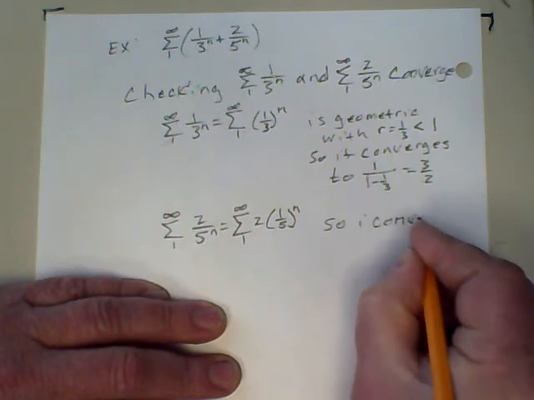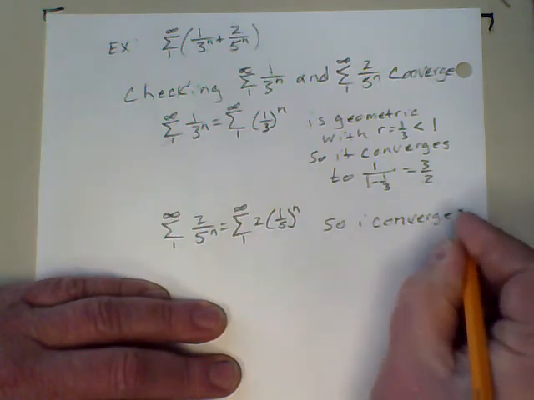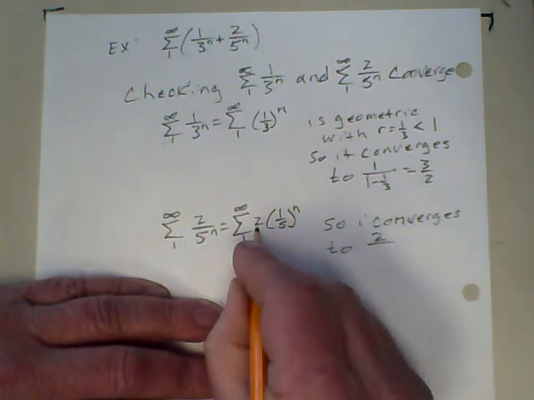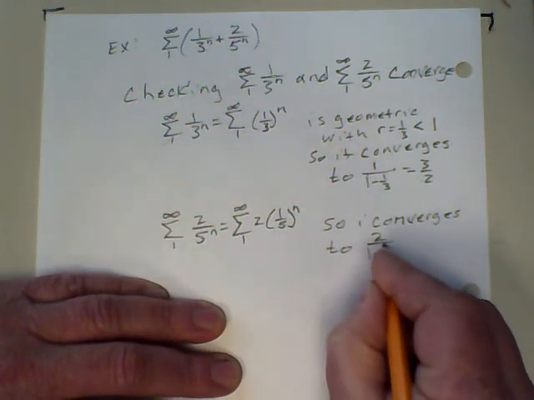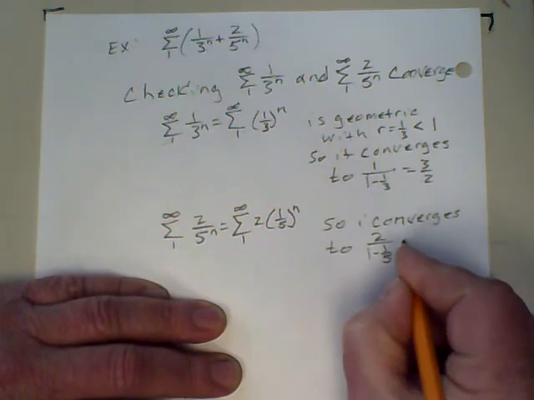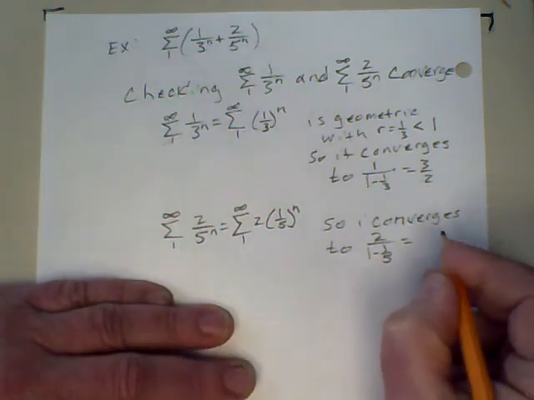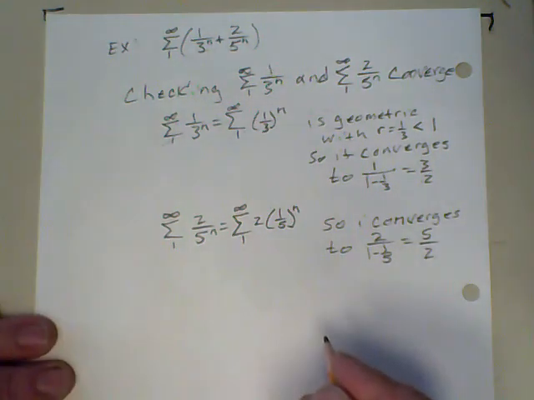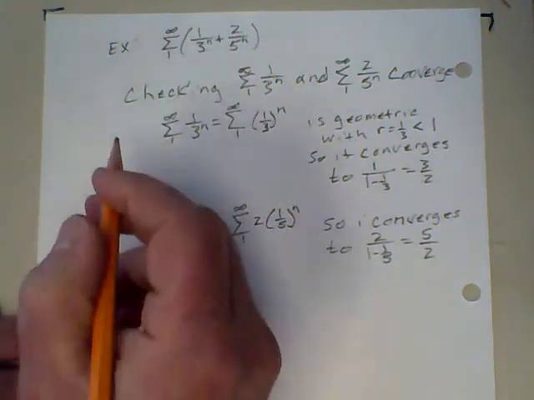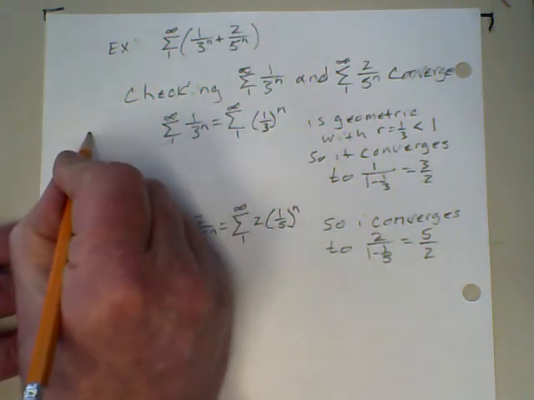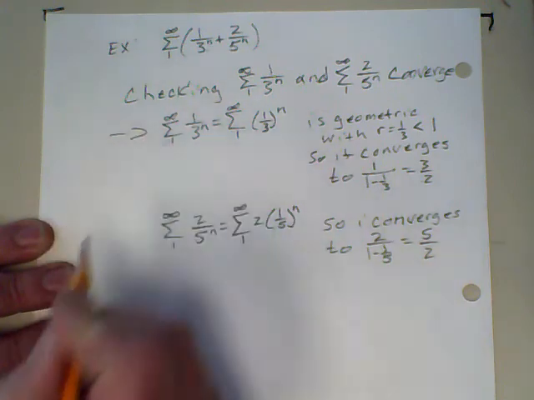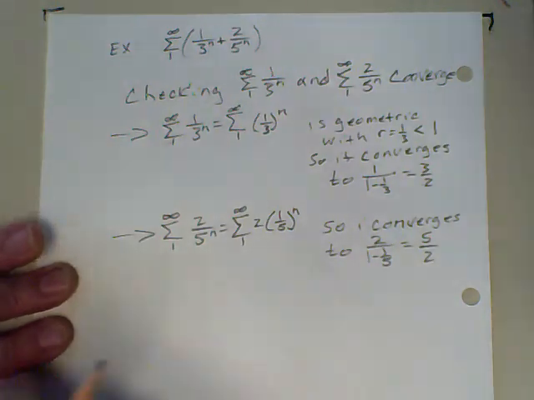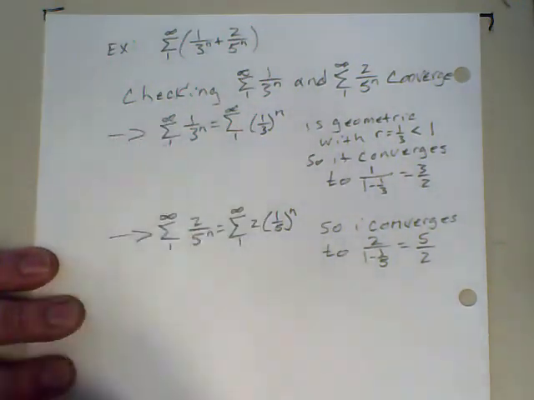So it converges to 2, that's my coefficient in front, over 1 minus 1/5. And so that's going to be 5/2. Okay. So what I've established is that the a sub n's here are a convergent series, and the b sub n's here are a convergent series. So I've done this little side work.